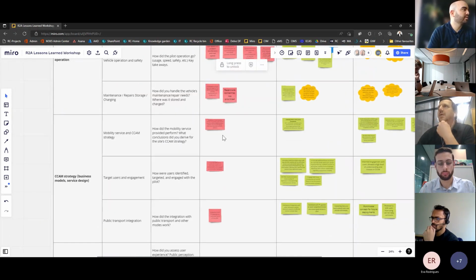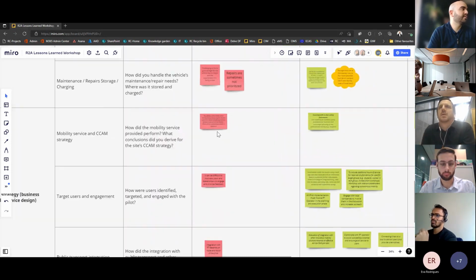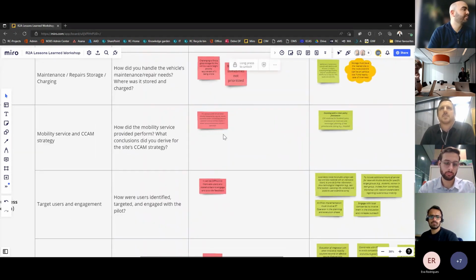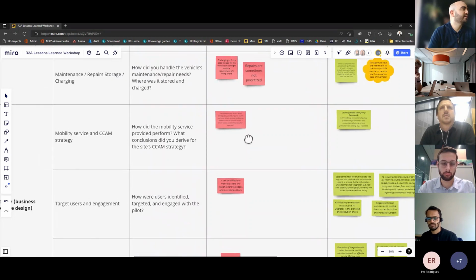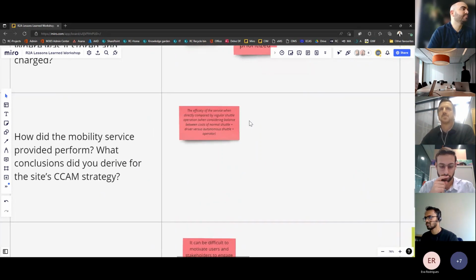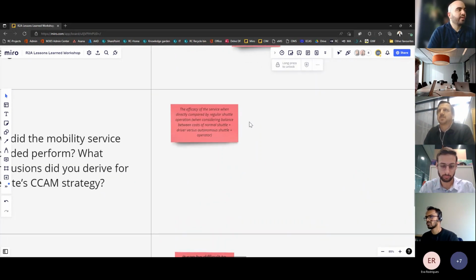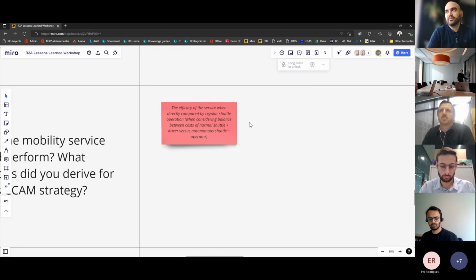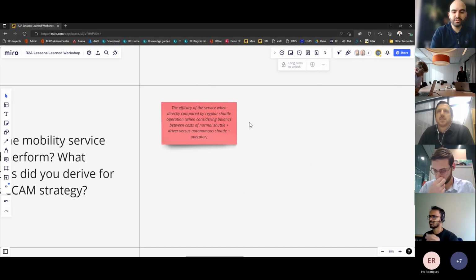Okay, sure. So the other phase that we analyzed was the second strategy. So first, going quicker here on the mobility service and second strategy. There is a side in terms of expectation management with the authorities and also with the users in terms of that long-term vision for CCAM and what you're actually testing.